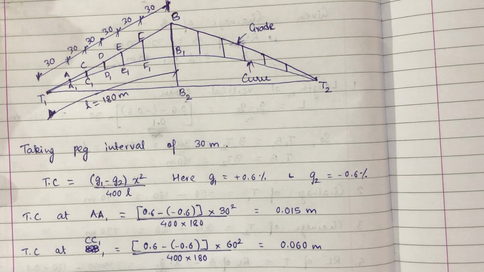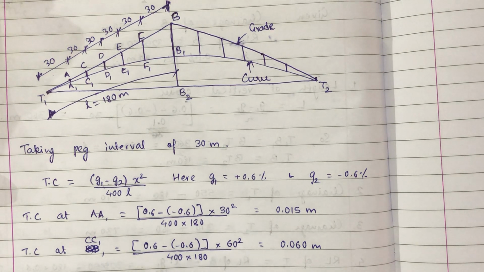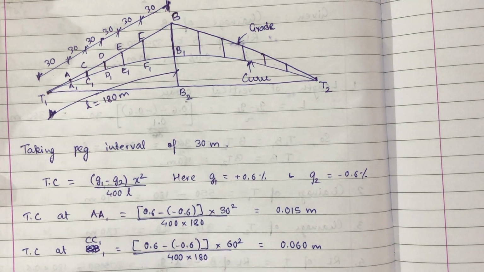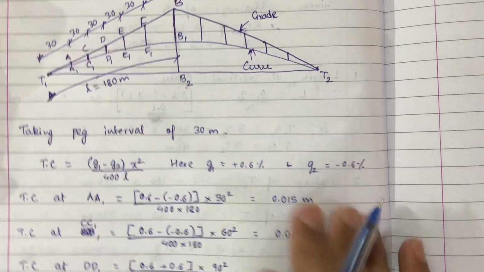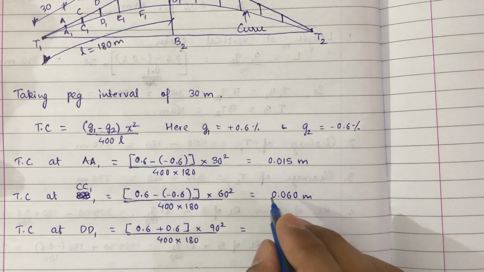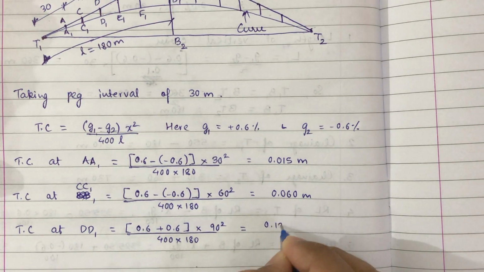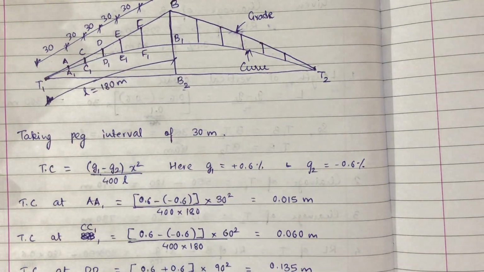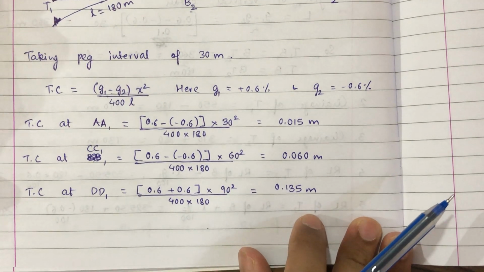Substituting, this will be 0.6 plus 0.6 into 90 square upon 400 into 180. This value comes out to 0.135 meter.